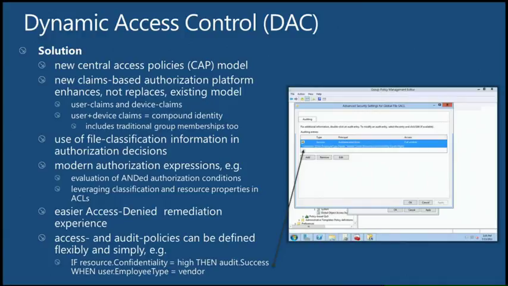We can say that for resources where sensitivity level equals HBI, write authorization is only for users whose department is finance. That's the level of granularity that we give you, and we provide the necessary tools, where a lot of this infrastructure can be seen either through an ACL editor or through the Active Directory Administrative Center.